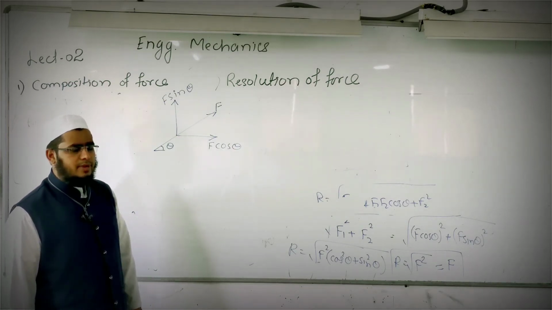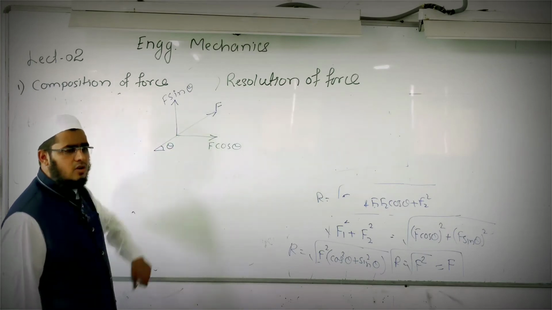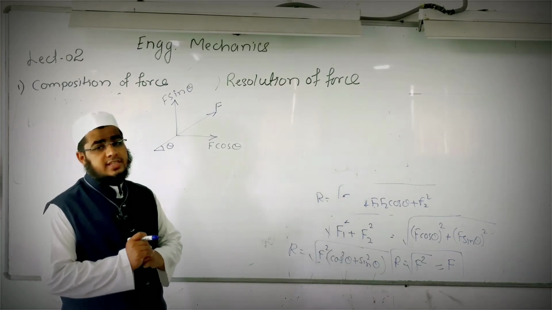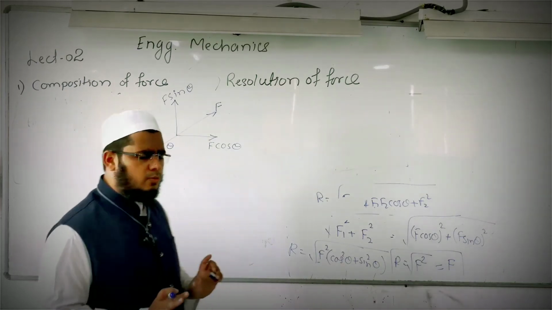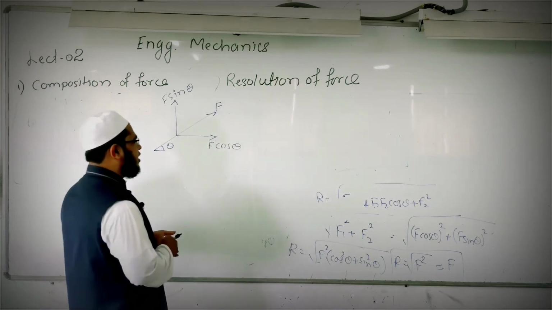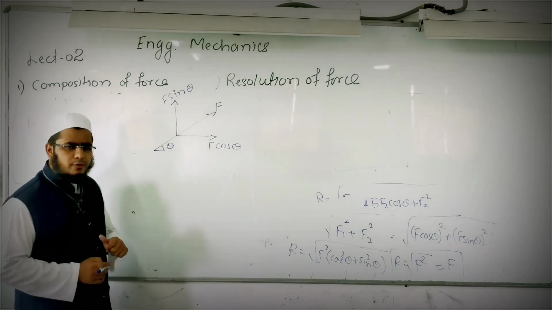That is the magnitude part, and the direction of these two components depends on the quadrant in which the force is acting. This is a very important point, because force is a vector quantity, and for a vector quantity we require magnitude as well as direction. So why is it rightward, why not leftward?